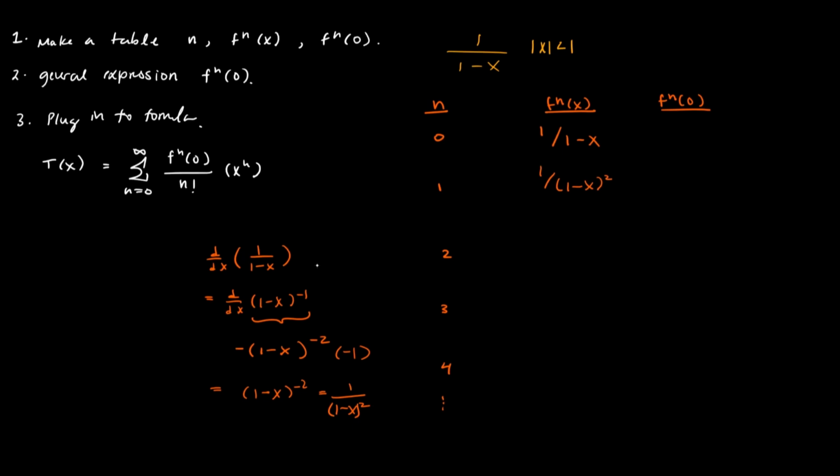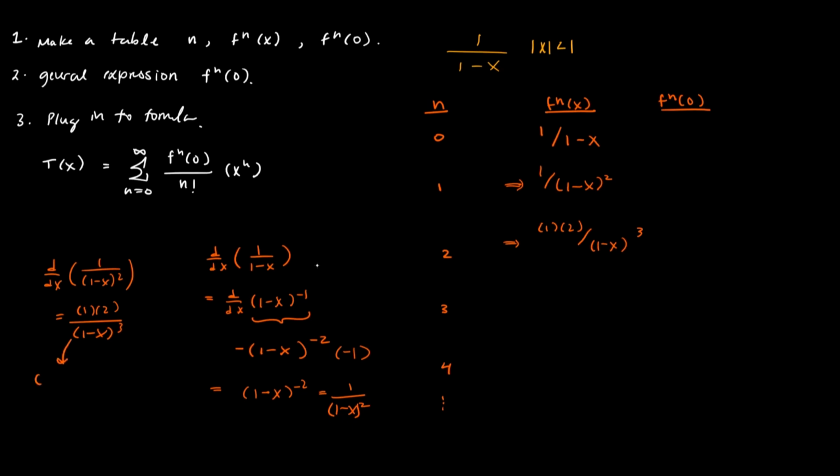And now if we take the derivative of this, so the derivative of 1 over 1 minus x squared is going to end up being 1 times 2 over 1 minus x to the power of 3. So let's write that in here. 1 times 2 over 1 minus x to the power of 3. And what if we take the derivative of that?